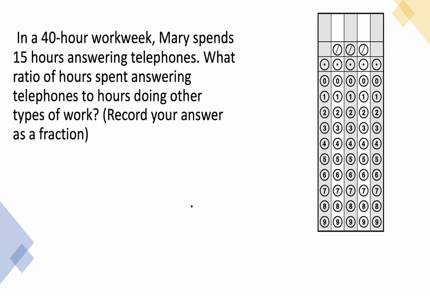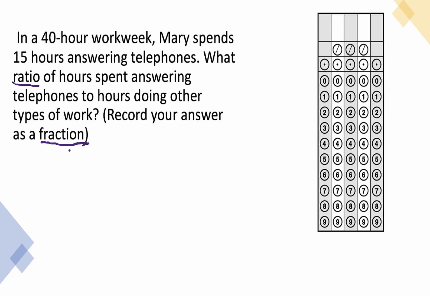Let's look at question 2. In a 40-hour work week, Mary spends 15 hours answering telephones. What is the ratio, and that's the keyword here, of hours spent answering telephones to hours doing other types of work? Record your answer, and they said here, as a fraction. So if you enter your answer as a decimal or a whole number, it will be incorrect.